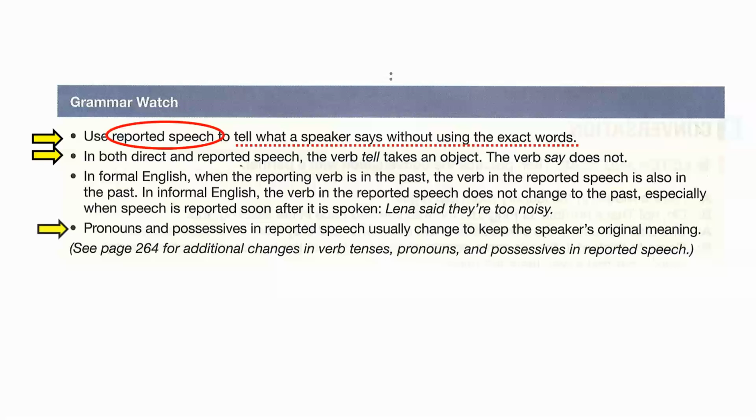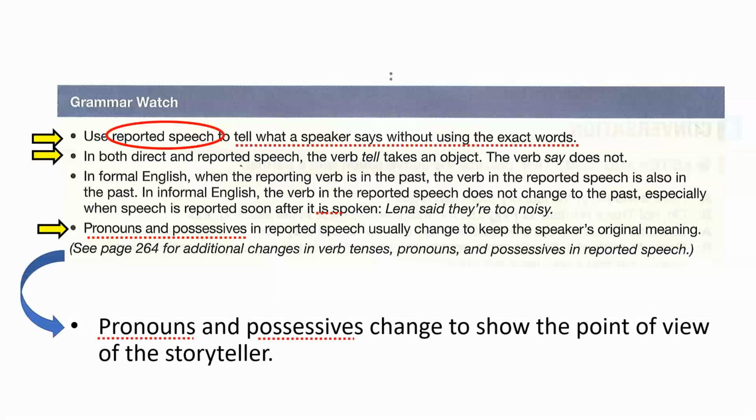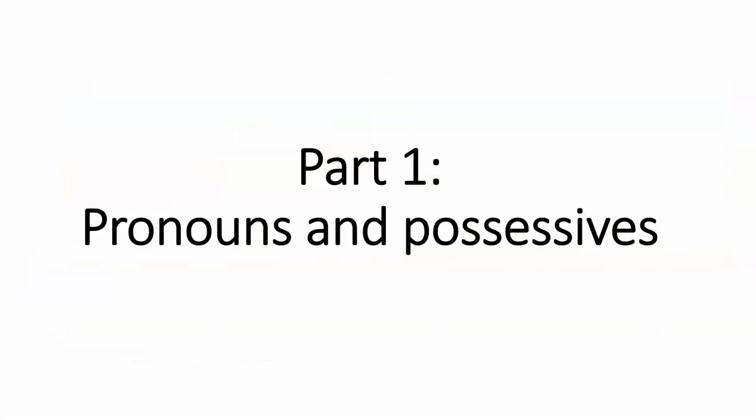Then the next thing that I want you to know is that in reported speech, pronouns and possessives usually change to keep the speaker's original meaning. So another way to say this is that pronouns and possessives change to show the point of view of the storyteller, not the point of view of the people in the story, the point of view of the speaker or the writer or the storyteller.